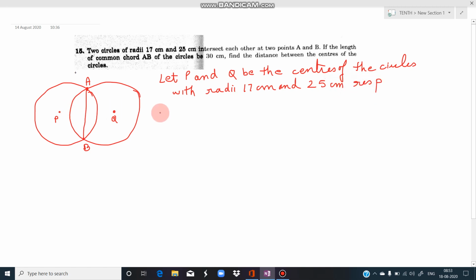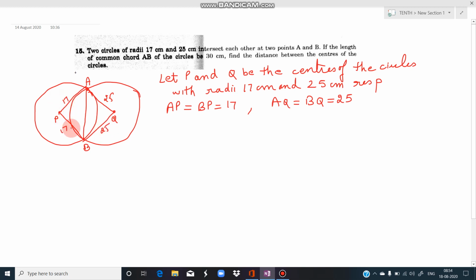P is the center of the circle with radius 17 centimeter, Q is the center of the circle with radius 25. So it means AP and BP will be equal to 17. And similarly, AQ and BQ will be equal to 25.